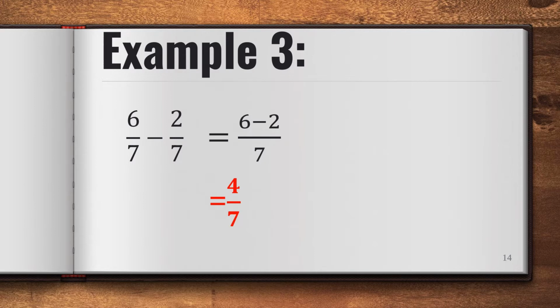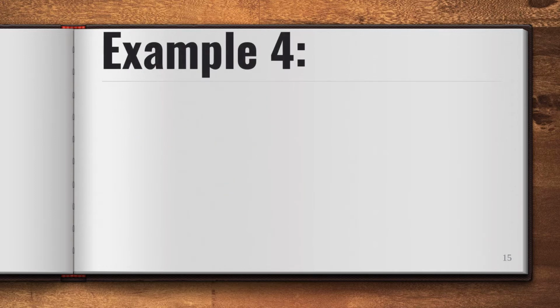Let us have the last example for subtraction. We have here the given 8 over 15 minus 4 over 15. It is your time to answer. What is your guess for the difference of 8 over 15 minus 4 over 15?